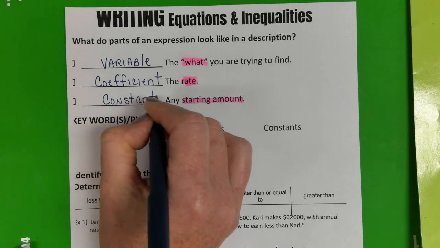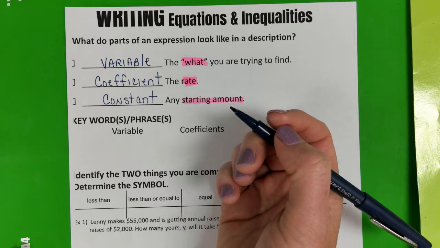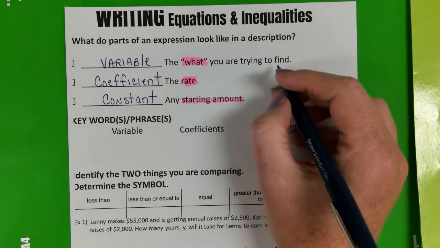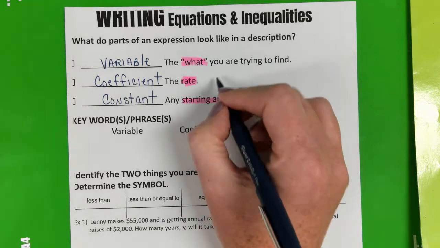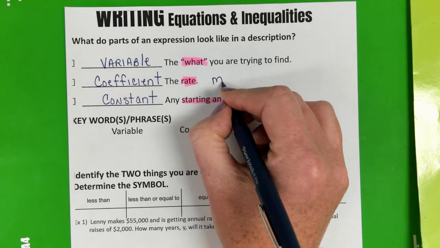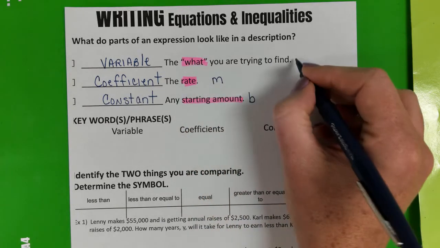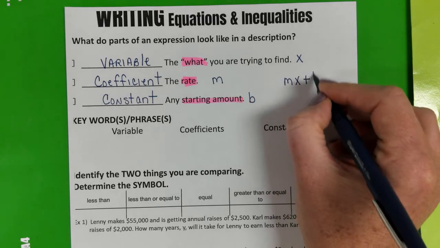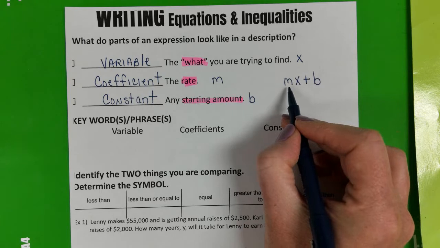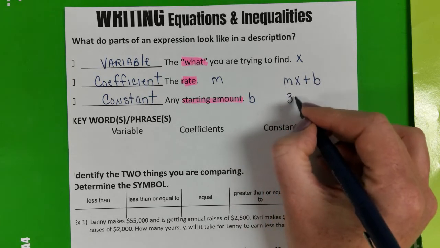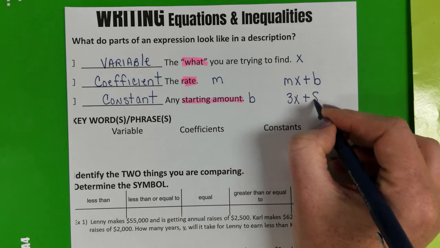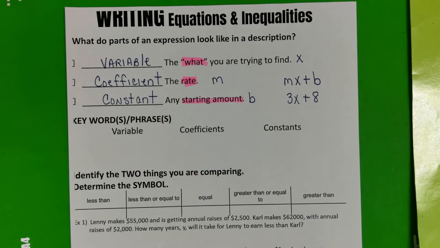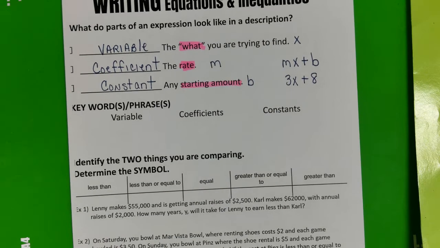What I want you to think about is your equations are going to be in slope-intercept form. This is the m, this is the b, this is your x. They're all going to look something like mx plus b, or like 3x plus 8. Every single time, that's how your equations or inequalities are going to look.